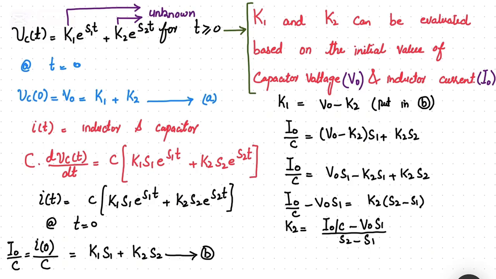Next, we can insert this equation in the earlier equation and calculate our value of K1. So K1 would be equal to V0 minus K2, so V0 minus I0 over C minus V0 S1, over S2 minus S1.